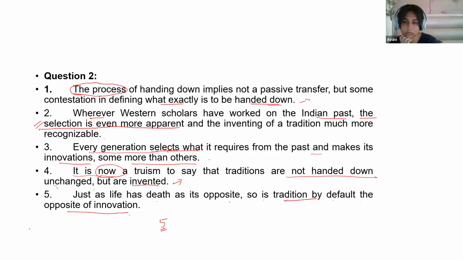What else can be linked? 4 can come after 5. It is now a truism to say that traditions are not handed down unchanged but are invented. Yeah, 4 can follow 5. That is not very specific, but going towards specific.